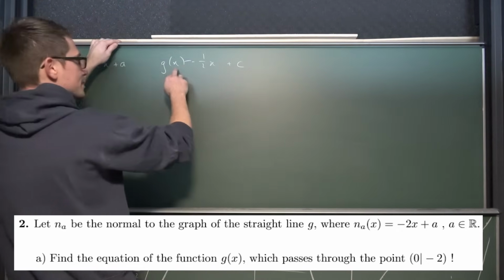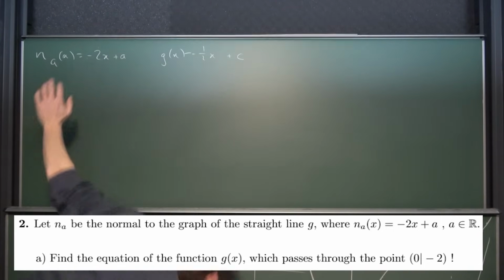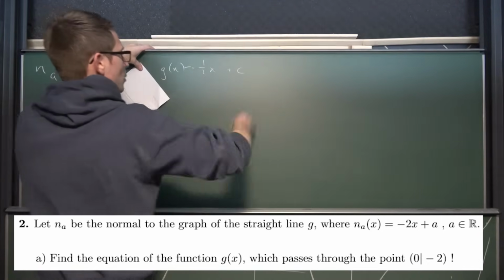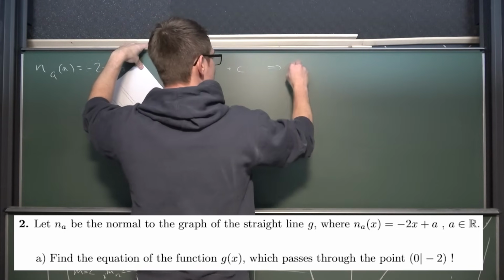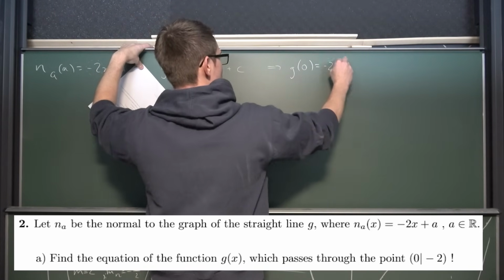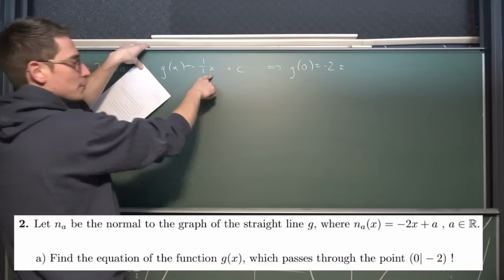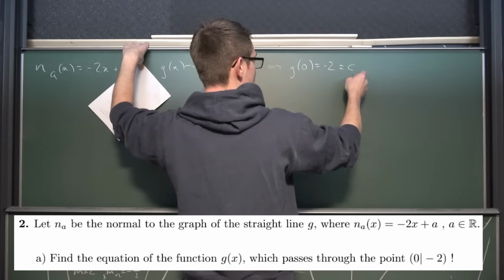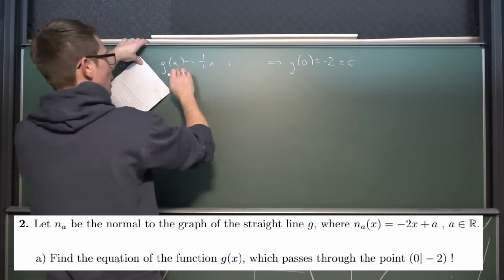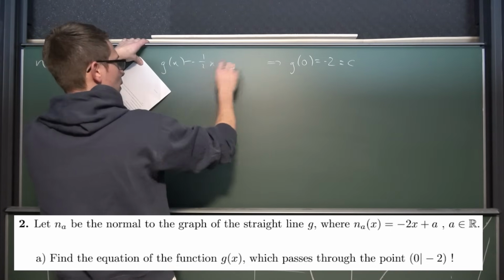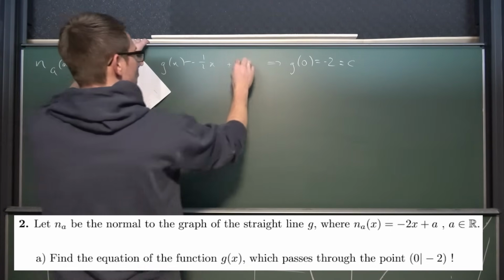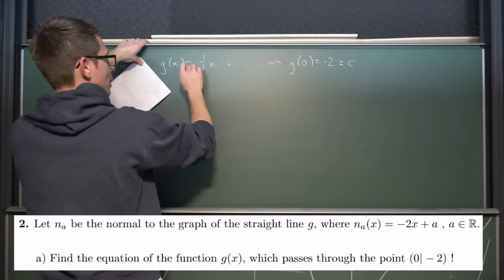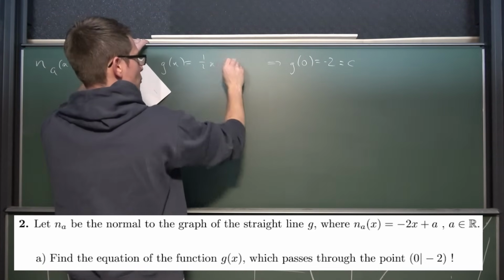Namely, if we plug in 0 and -2, what we are going to get is that g of 0 is equal to -2, that part right here is going to vanish, giving us a y-intercept of -2, meaning the function for our straight line is gonna be, no, +1/2 x - 2, that way.